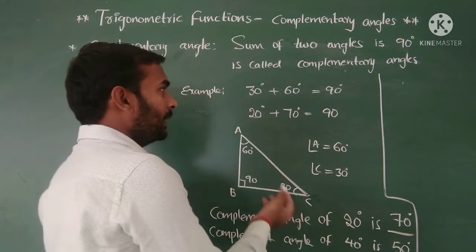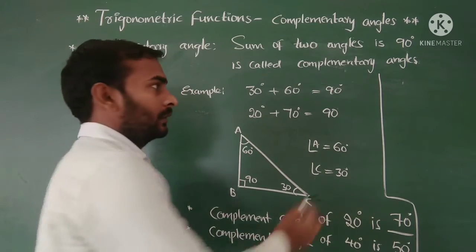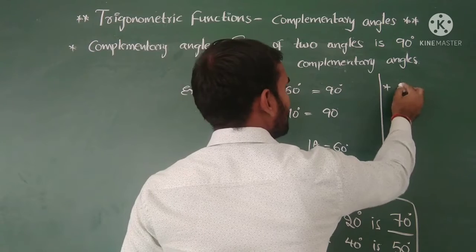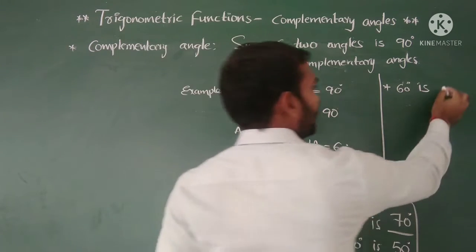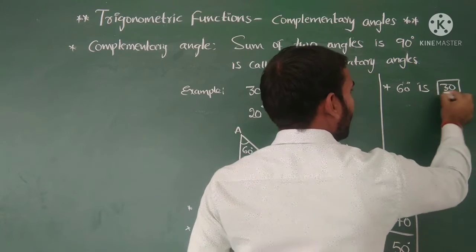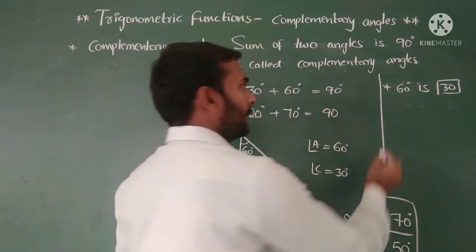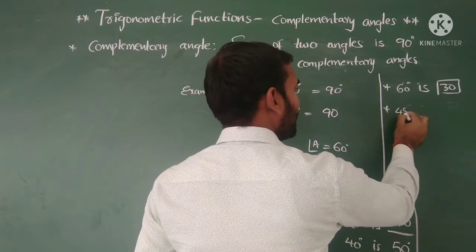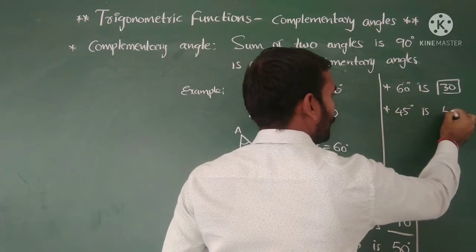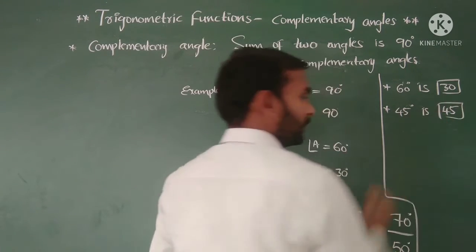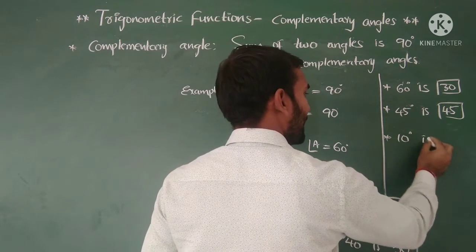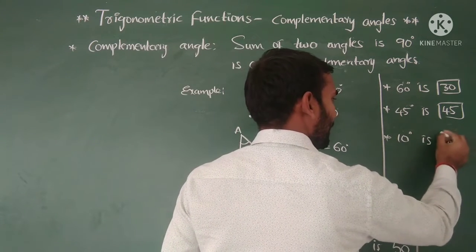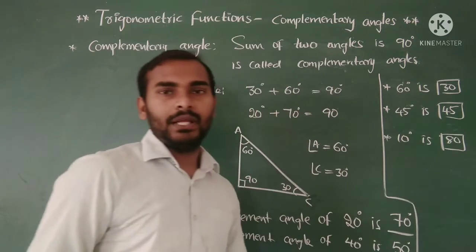Next, complement angle of 60 degrees is dash. 60 plus 30, so 30 is the complement angle. Complement angle of 45 degrees is dash. 45 degrees only. Complement angle of 10 degrees is dash. So 80. 80 plus 10 is 90.